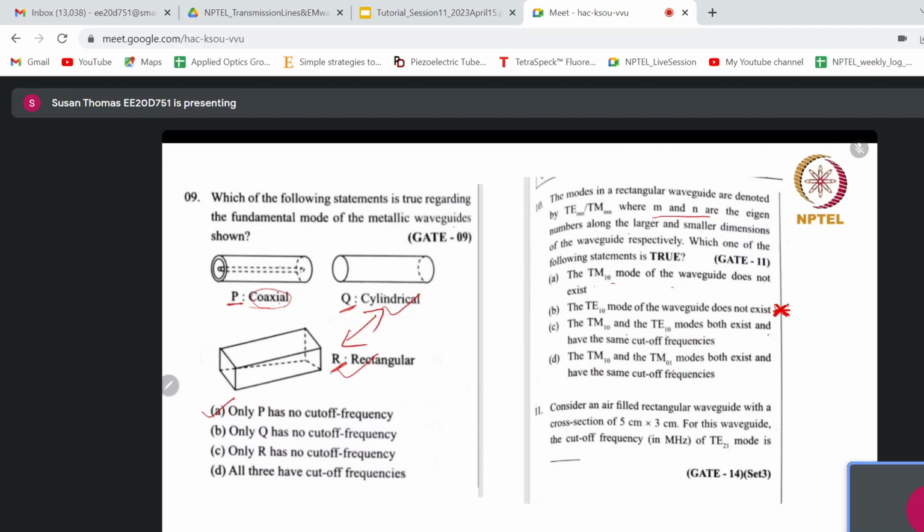Now coming to the other statements here, to make it more clear, if you refer to the electric field equations and magnetic field equations, it will be clear which mode exists. So based on the value of M and N, and substituting in the equation for electric field and magnetic field, then you will be able to understand which mode will propagate, which mode exists in a particular waveguide.